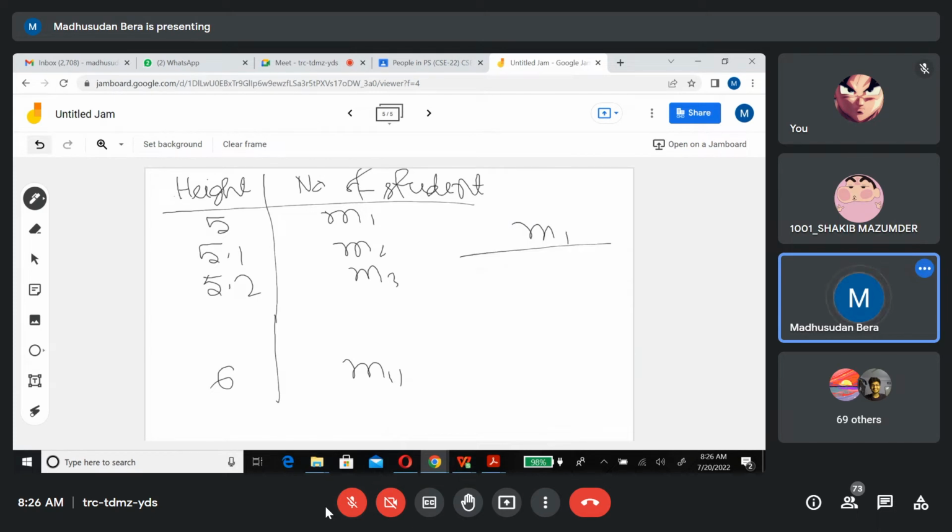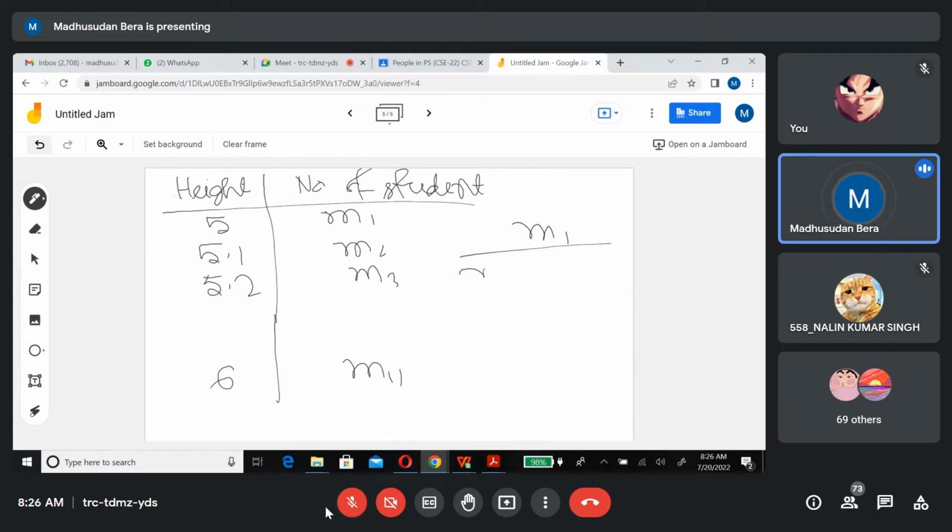Basically M1 by the total, 1000 here. So M1 by M1 plus M2 up to M11. Correct or not? That thing is called relative frequency.